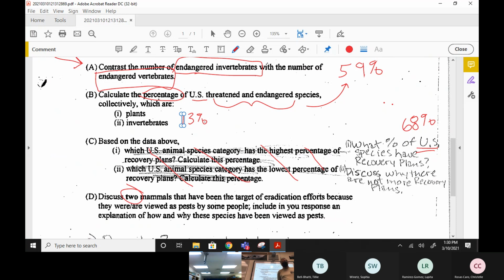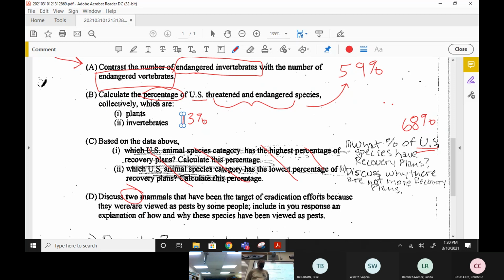I talked about one of them that I think would be useful yesterday. There's a case study at the beginning of the PowerPoint. Gray wolves. Yeah, I think the wolf would be one you could discuss. And although you'd end up probably repeating yourself, you could do coyote as well, or instead.